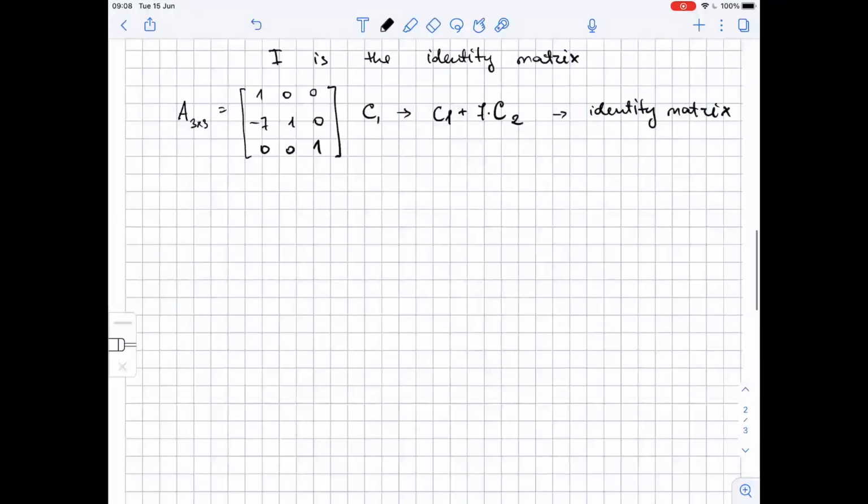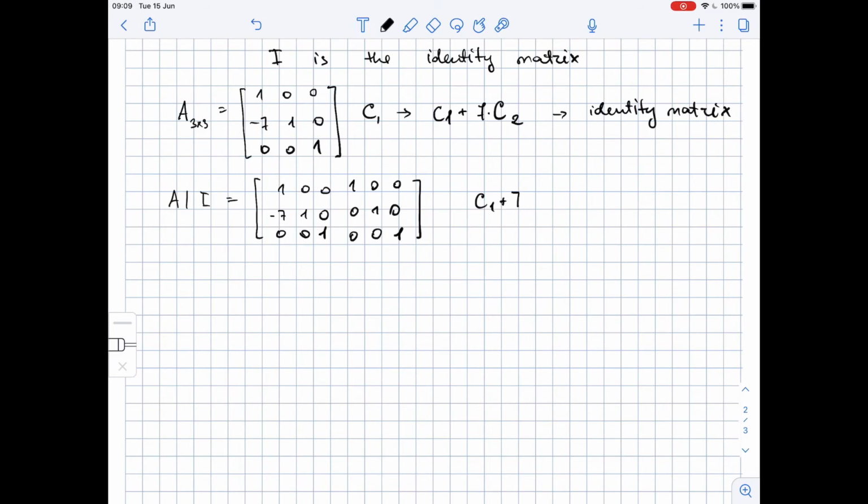So now let's find the inverse of this matrix. To find the inverse, we write it down as A next to I: 1 0 0, negative 7 1 0, 0 0 1, and here we have the identity matrix 1 0 0, 0 1 0, 0 0 1. So the first step that we make, we substitute column 1 plus 7 times column 2 for column 1.